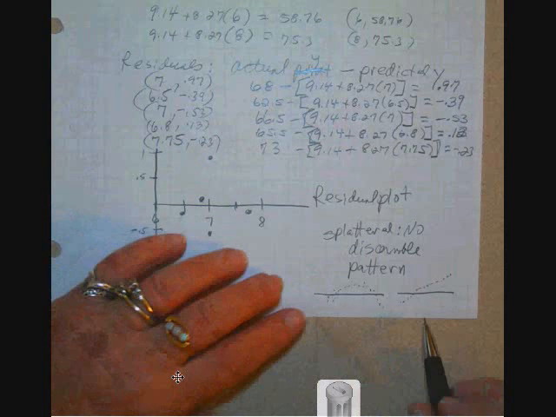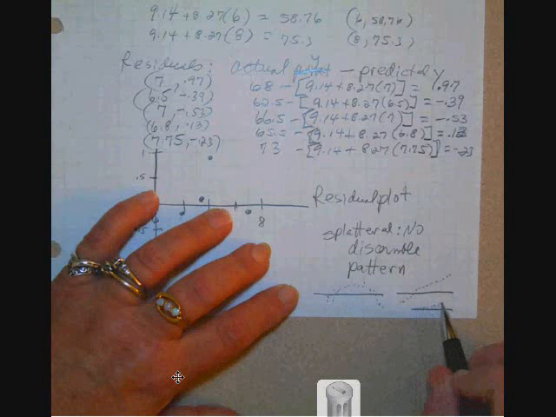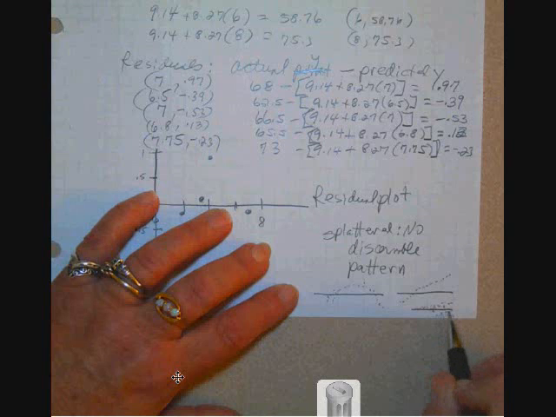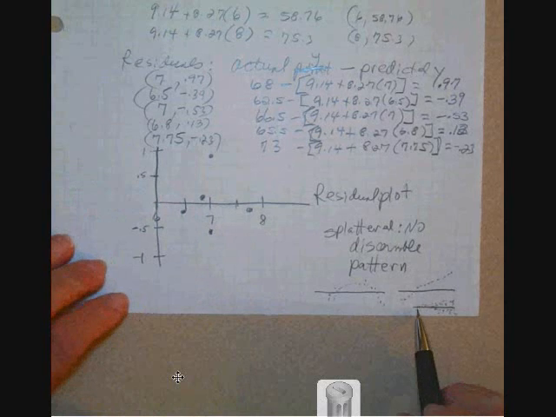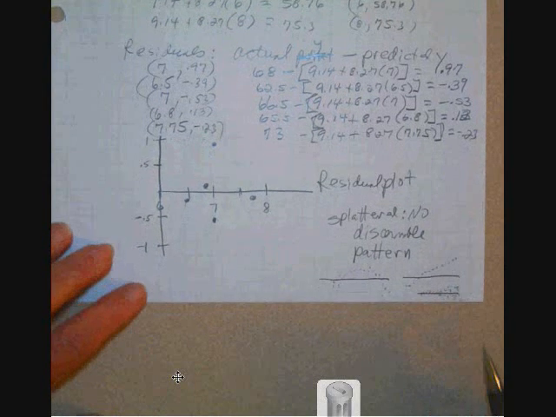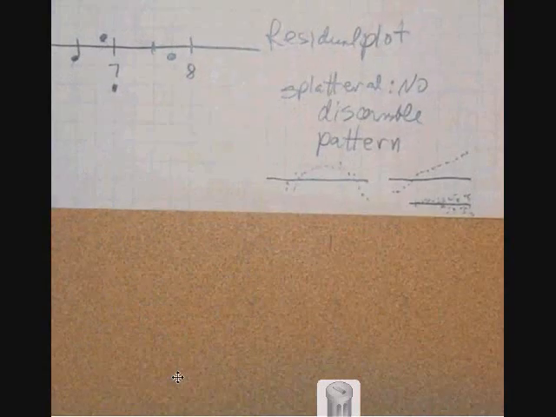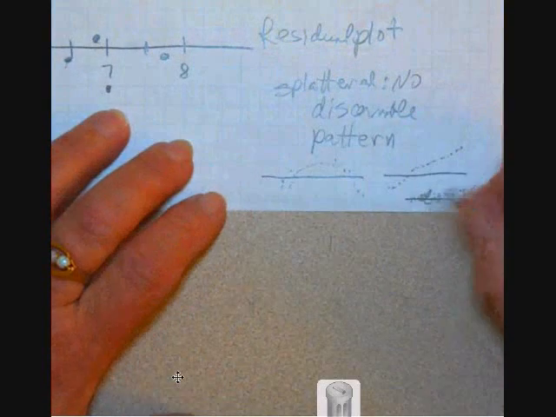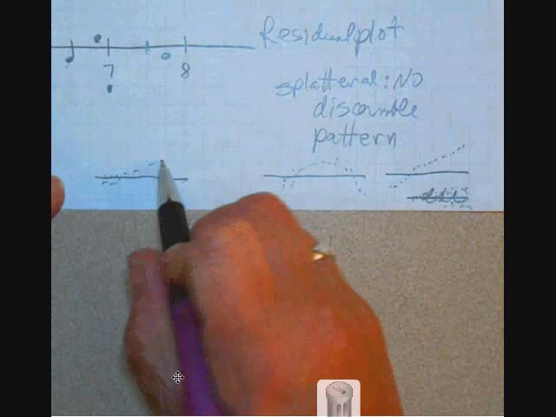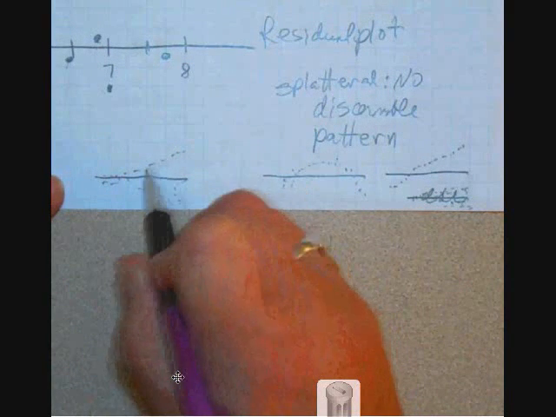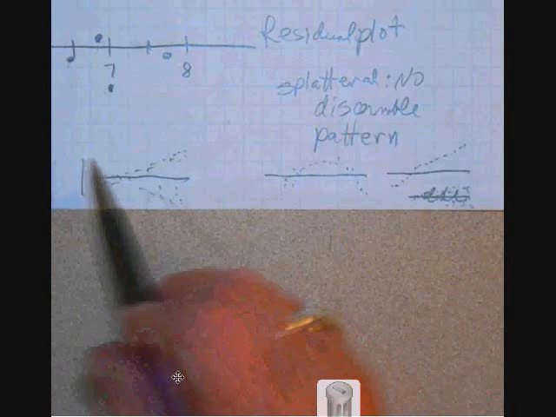You might see a residual plot that has all the dots close to the horizontal axis on one end and far away on the other end, and that one's called a splatter, and I don't think you can see that one very well. Let me redraw it. A few dots over here. Let me make this one a little bigger. That's a splatter pattern.